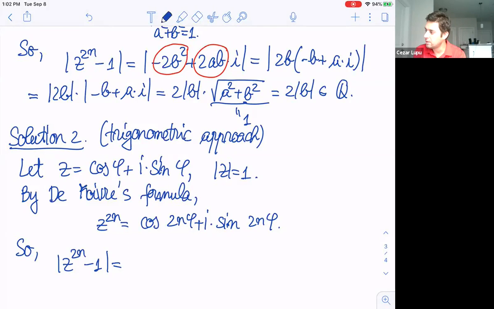So this will be, okay, 2 cosine of 2n phi minus 1, squared. So it will be cosine of 2n phi minus 1 squared. So it will be 2 cosine squared of n phi, right?